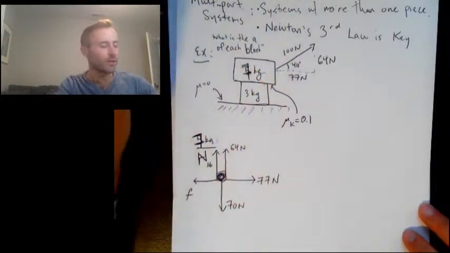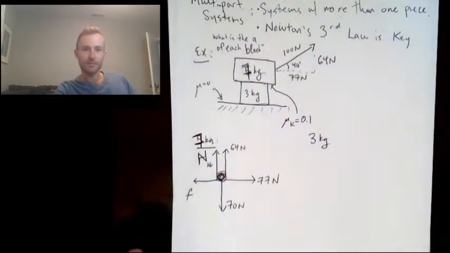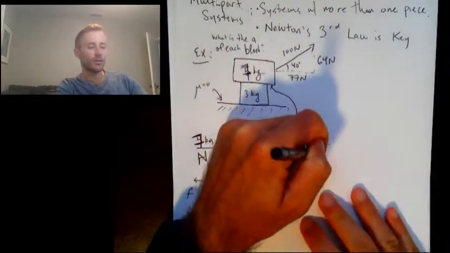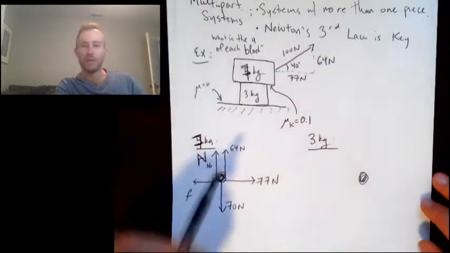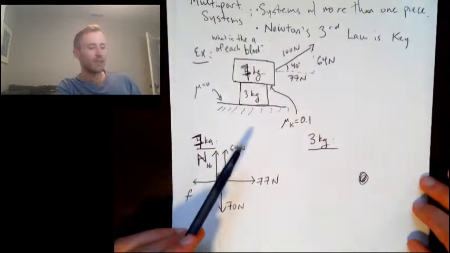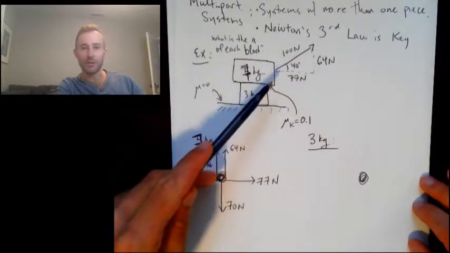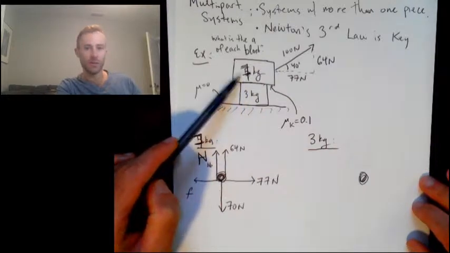Now let's do the 3 kilogram block. All right, and we're going to use Newton's third law. So the 3 kilogram block does not have any of this business of the 100 Newton force. Why? Because the 100 Newton force is acting on the 7 kilogram block.